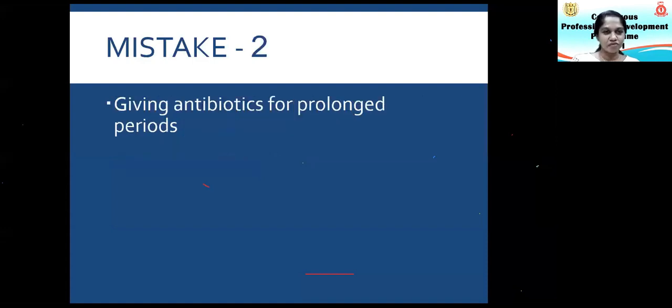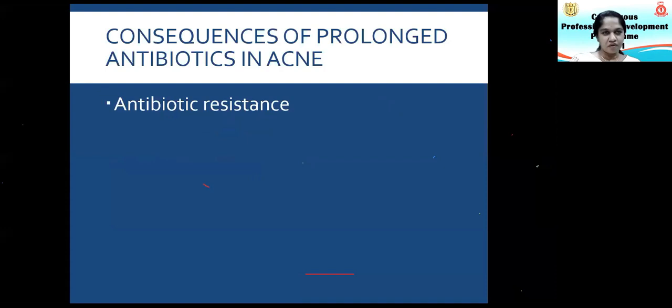Then mistake number 2, giving antibiotics for a prolonged period. What can happen if we give antibiotics for prolonged periods in acne? One is, as you know, antibiotic resistance. What are the antibiotics commonly used in acne? One is erythromycin, then doxycycline. Antibiotic resistance to both these agents is now known.